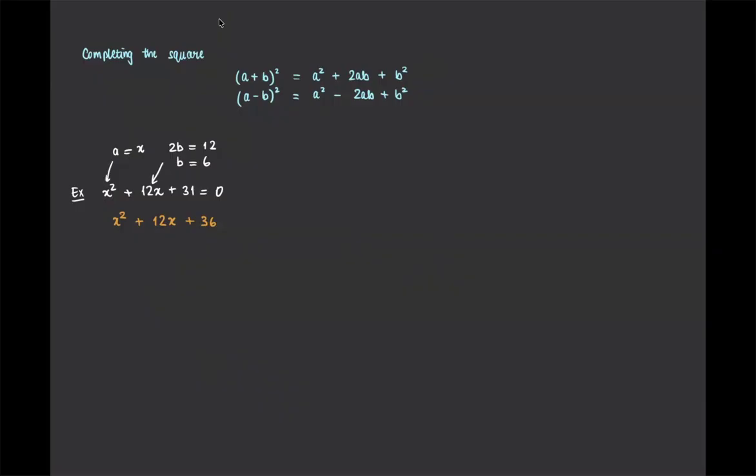But in my original question, I don't have a 36, I have a 31. And so I'm going to adjust this 36 by taking off a 5. And now I'm back to the original question.